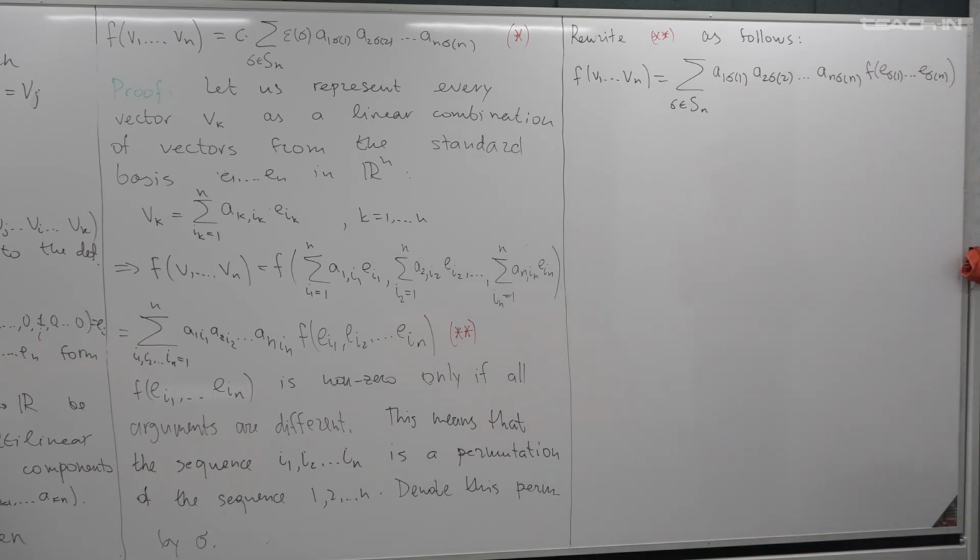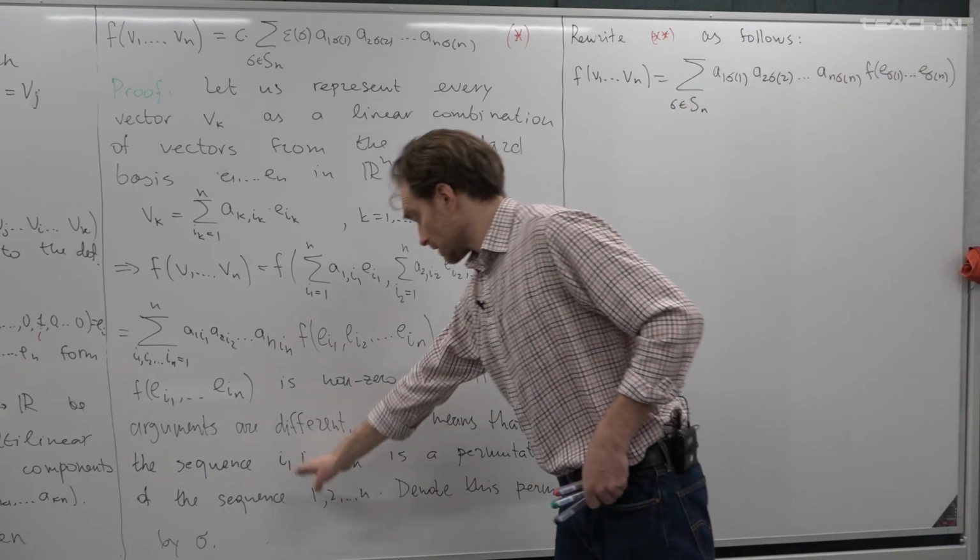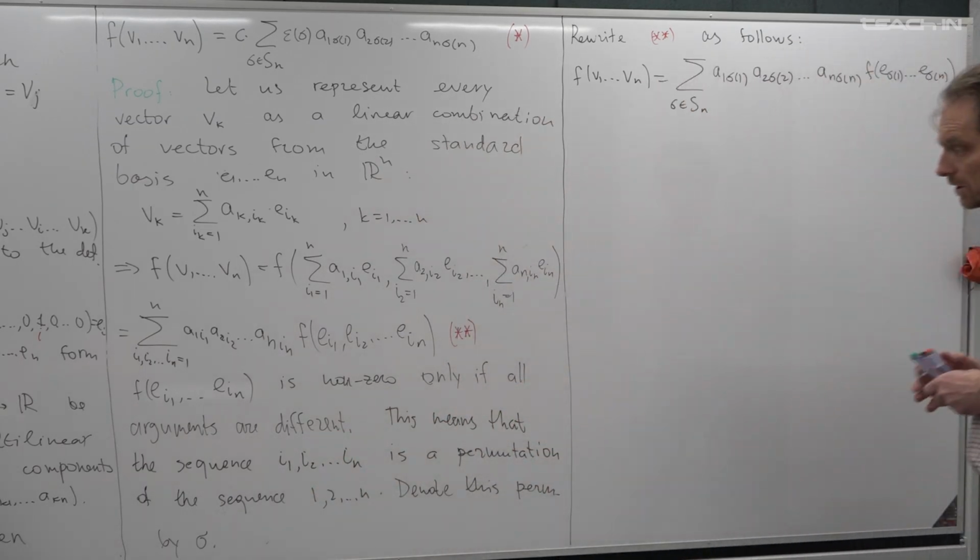Right? So this follows from the fact that the sequence is just some permutation of the sequence 1, 2, etc., n.